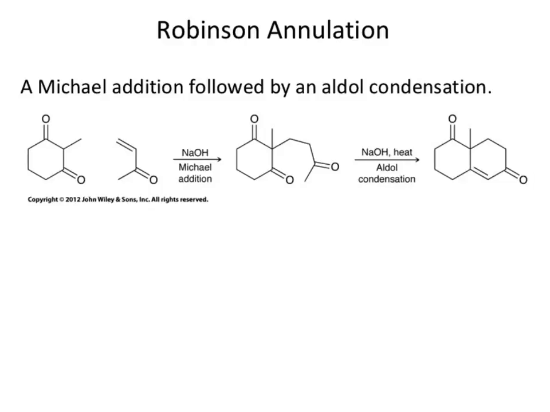What if it's an ester instead of a ketone? Is that alpha hydrogen still acidic? Yeah. But now it's an ester functional group. So I'm not going to call it an aldol or a Michael or a Robinson. I'm going to call it a Claisen. Is any of the chemistry different? No. But we're going to attach another stupid name to it.